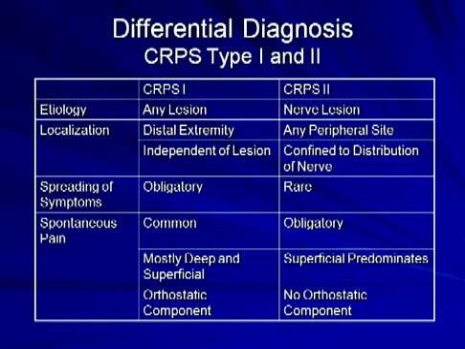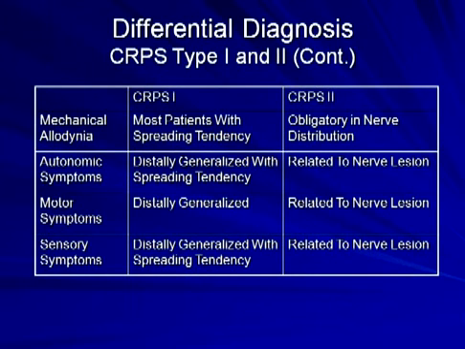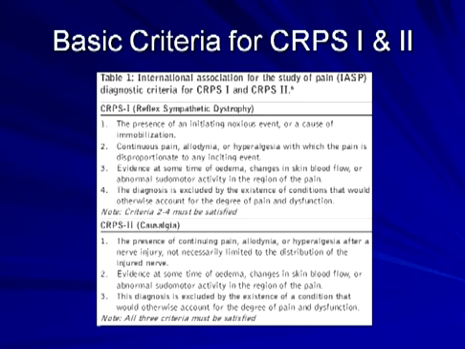And these are just continued more features of what was described to occur in CRPS 1 and CRPS 2. And then they said, well, how do you make a diagnosis? This comes from the 1994 description.